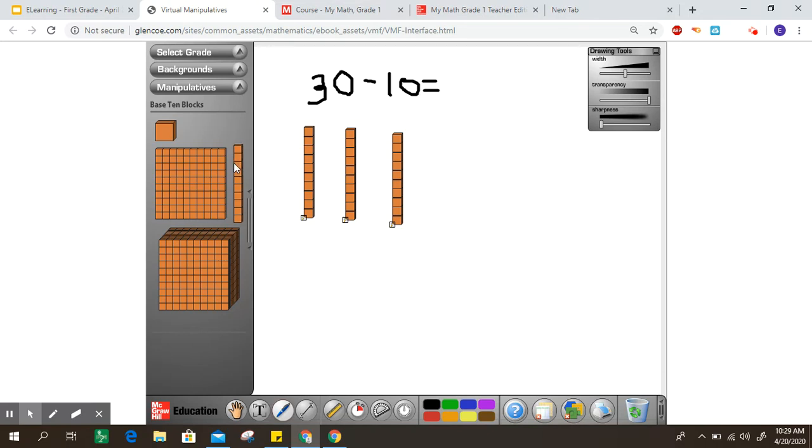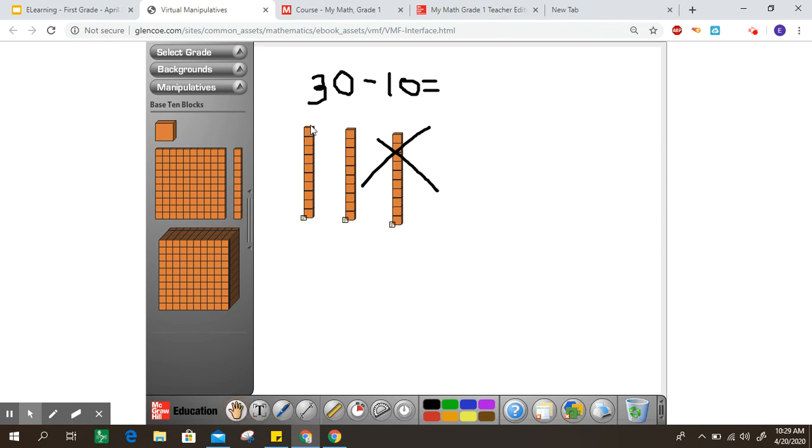Well, I know when we add 10, we bring one more. But with subtraction, we are taking away. So I'm going to cross it out. Now, when I count, I have left 10, 20. So my answer for 30 minus 10 is 20.